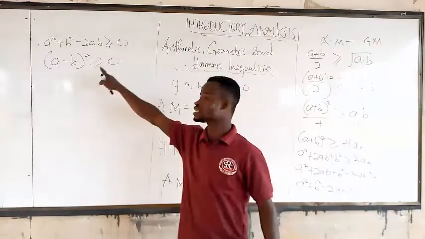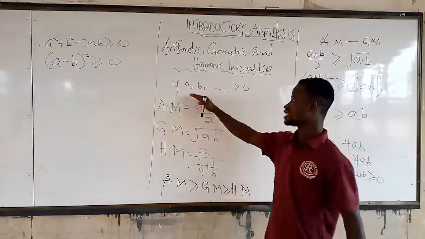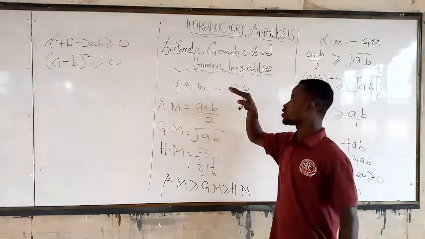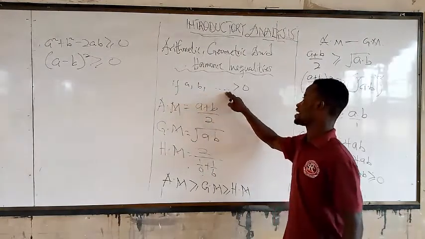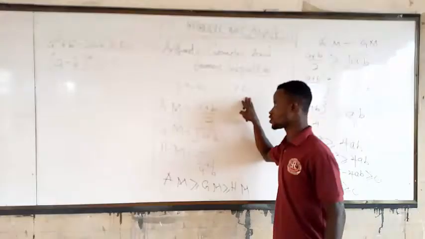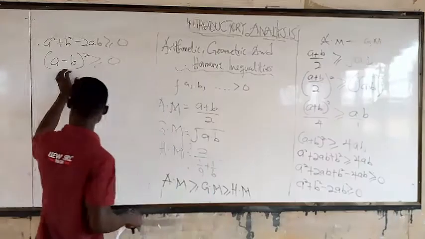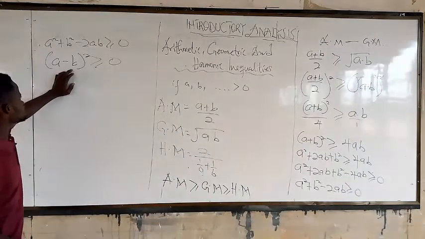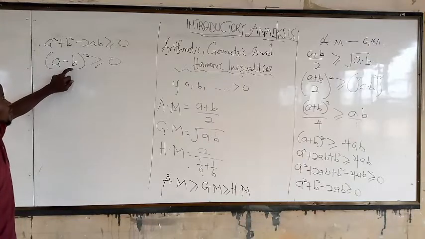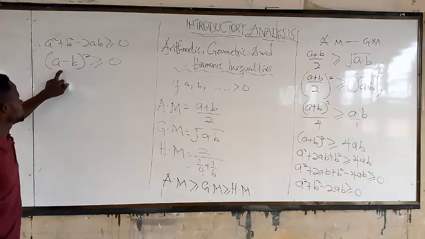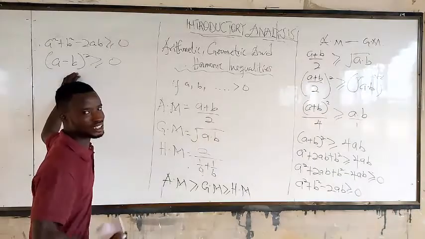Now the question is, what does this mean? This means that initially we said that the values of our sequence a and b are greater than 0. And if they are greater than 0, then when we subtract the second one from the first one, we are going to get a value that will be greater than or equal to 0.